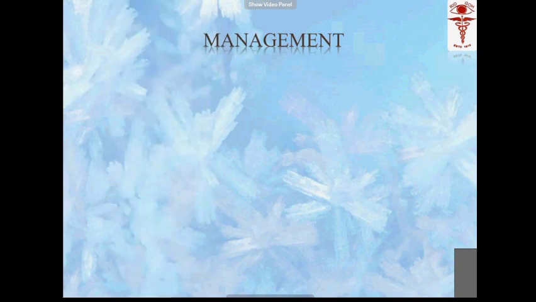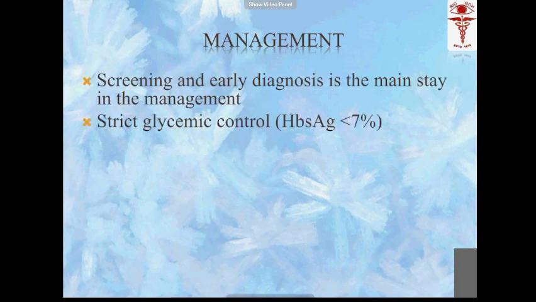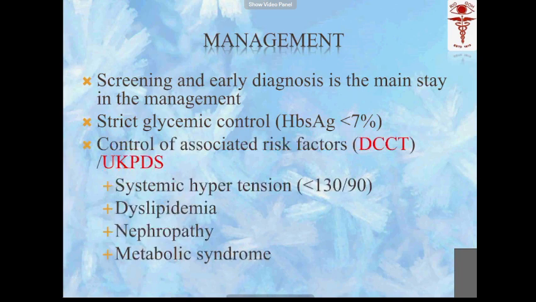With this, we'll see how we manage. The first and foremost management is screening and early diagnosis. Apart from that, the patient should always have systemic glycemic control. As I already told you, persistent hyperglycemia is the main cause of diabetic retinopathy. So the person should have good glycemic control, an HbA1c of less than 7. There are various studies with respect to diabetic retinopathy.